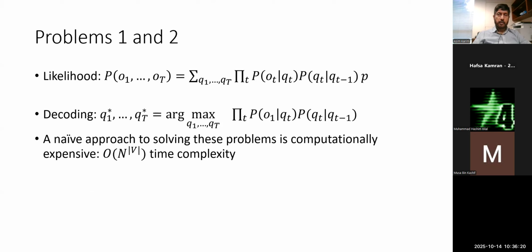So the likelihood problem was we are summing out all the Q's and we are left with the O. But now, of course, our model is simplified. So we will be only dealing with the state transition probabilities and the emission probabilities, and we will be summing out the relevant elements to get O. And similarly, decoding is the same, only that you do the max.